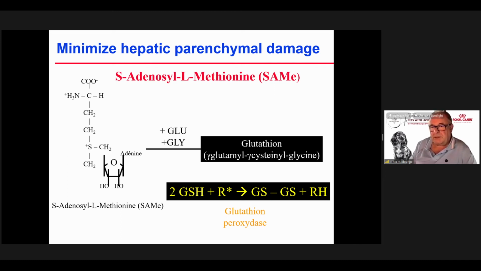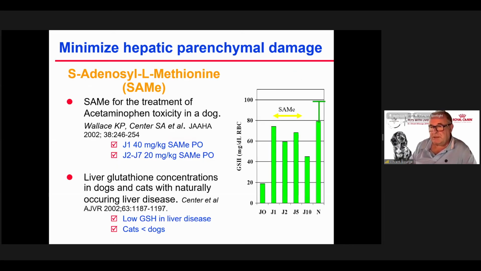Glutathione, with glutathione peroxidase, is a potent antioxidant, and so it has been shown that in conditions like acetaminophen toxicity, the anti-inflammatory drug, can induce very severe disease in the liver of dogs and cats if given in an excessive dosage, and even in humans.